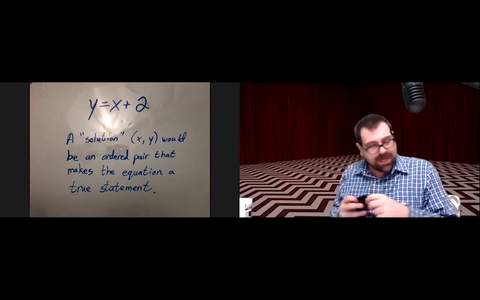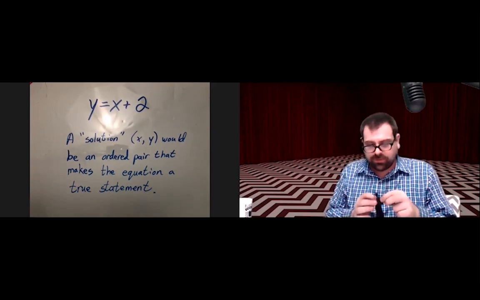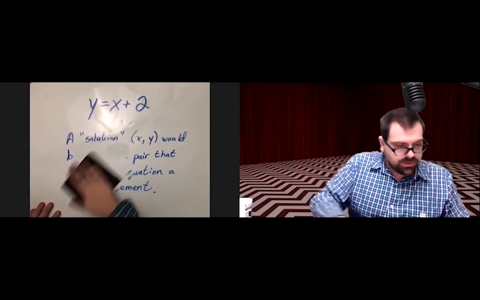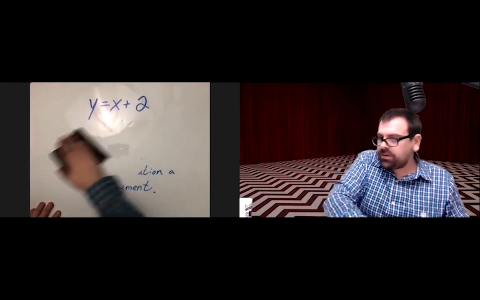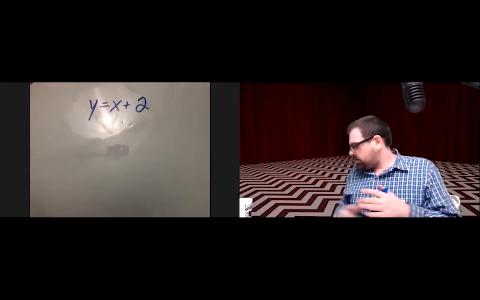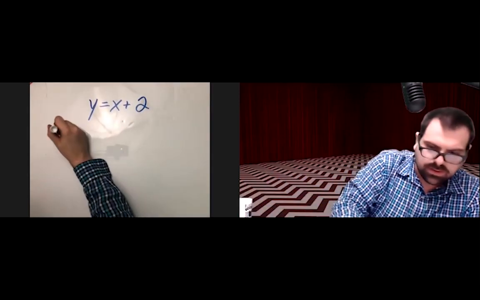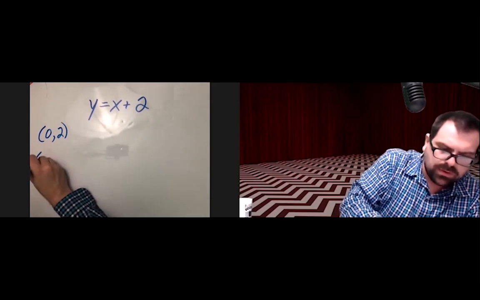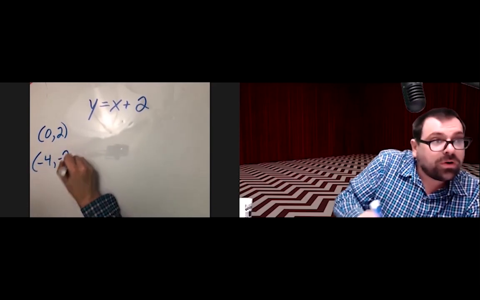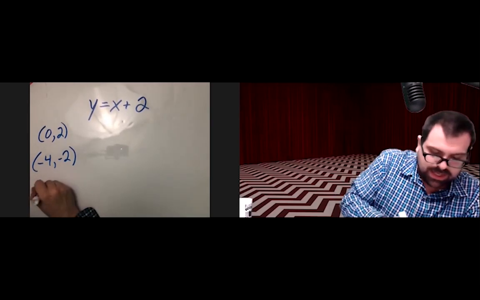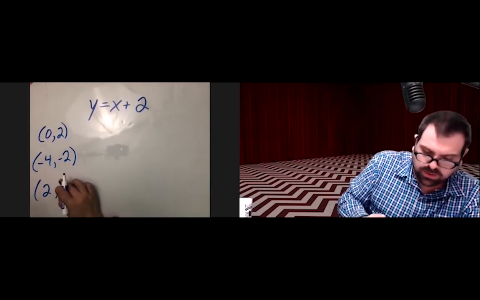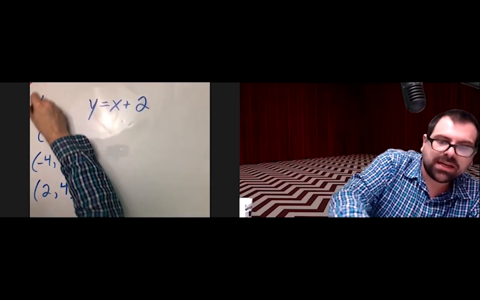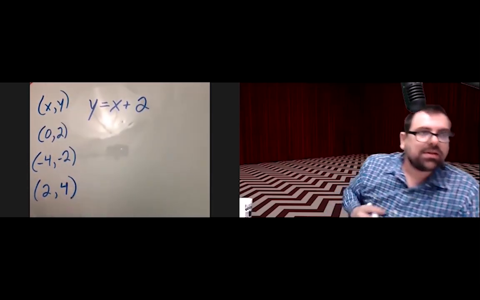So let's test out a few possible ordered pairs and see if they are solutions to this equation. Let's test 0, 2. Let's test -4, -2. Let's test 2, 4. Remember, when we see an ordered pair, what we are seeing is x and y.